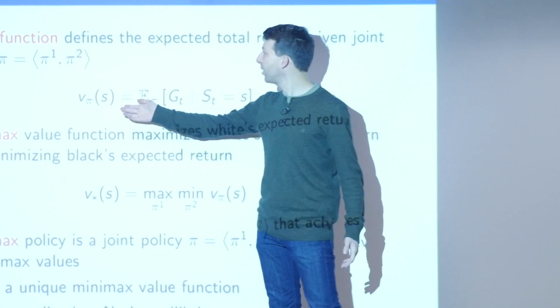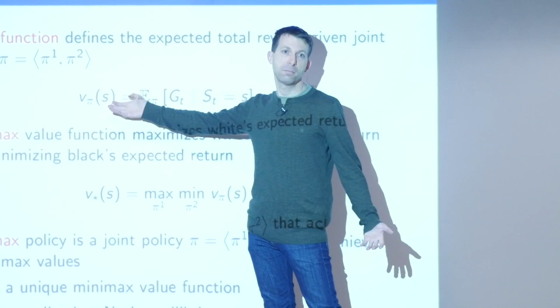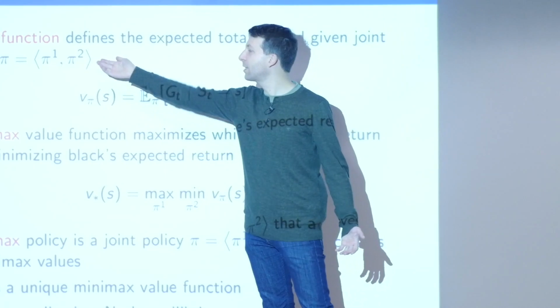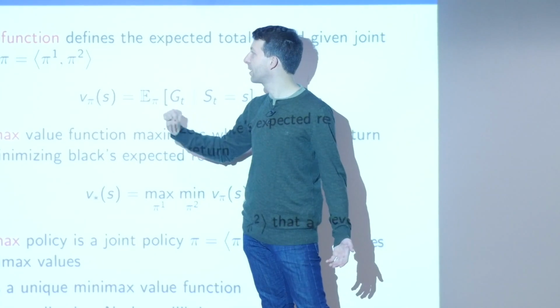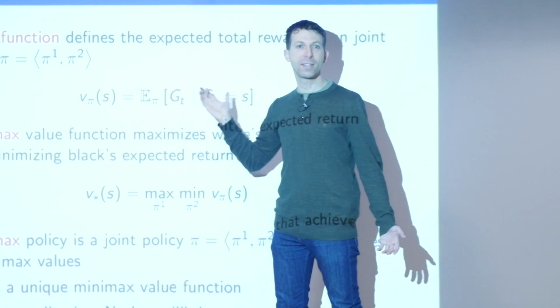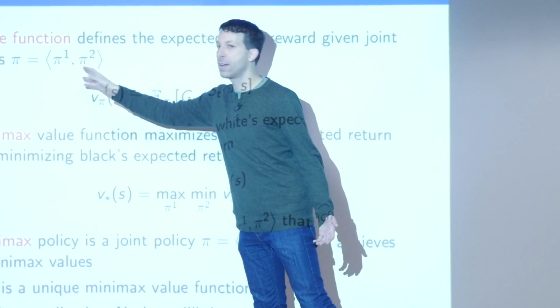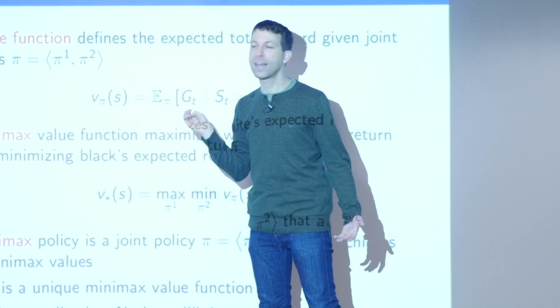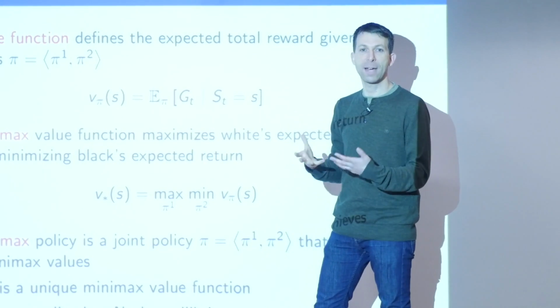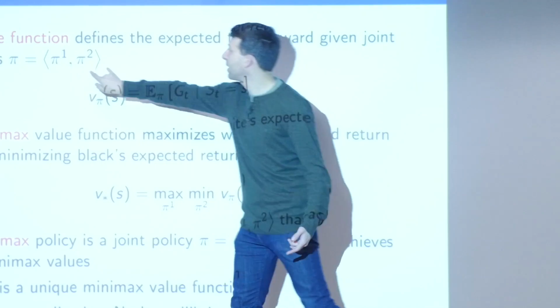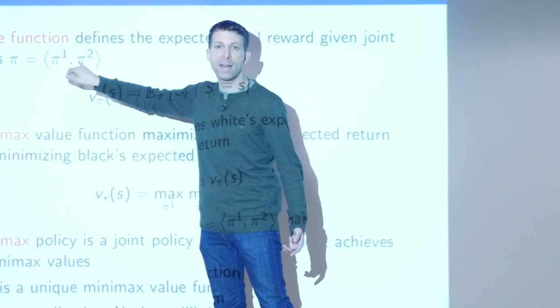That tells you how good this policy pair is, and who it favors. If you get more +1s than -1s, in other words, if it's really favoring white over black, then this policy pair is a good policy pair for white and a bad policy pair for black.